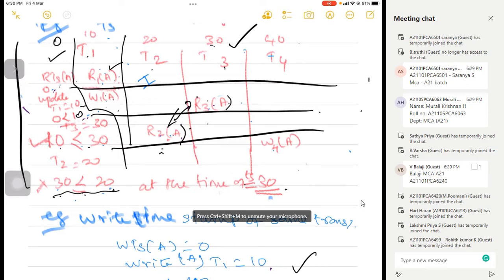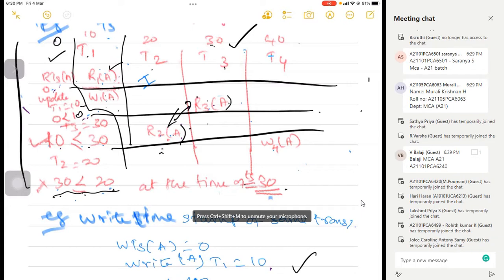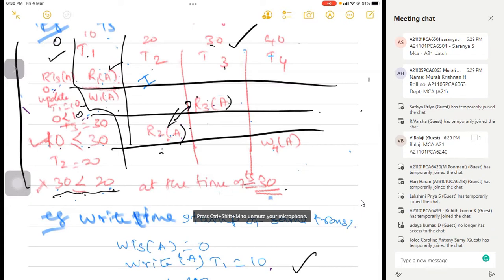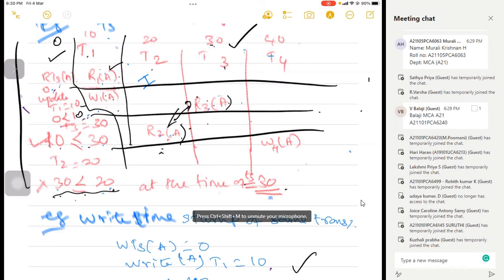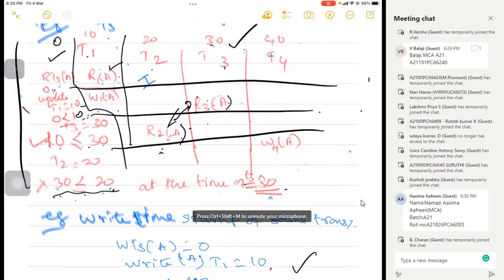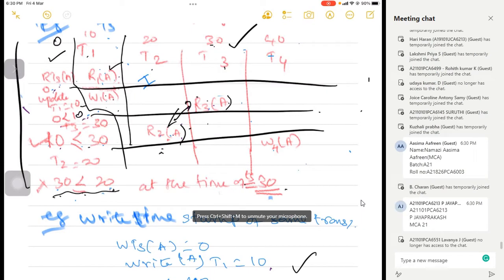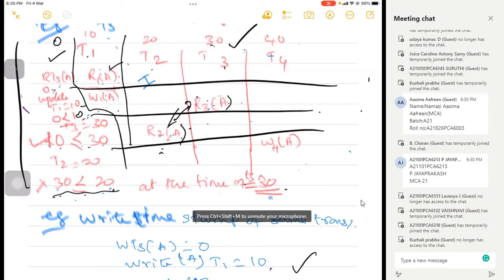Again, once T1 is completed, next T3 only reads A, isn't it? So that is 30. T3 is 30. Now 10 is less than or equal to 30. Because this process is completed, now T2 is equal to 20. Yeah. So listen here.